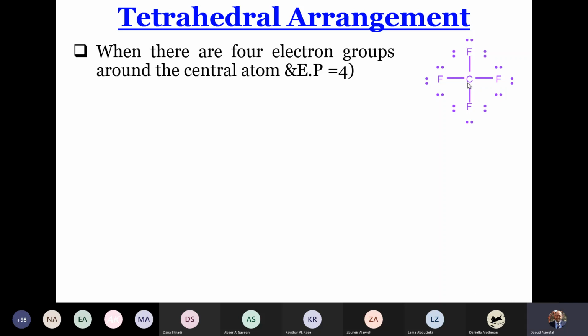In other words, we have 4 balloons around the central atom C, and each balloon is the probability of presence of 2 electrons. So the best structure is when the repulsions between the electron pairs are minimum.